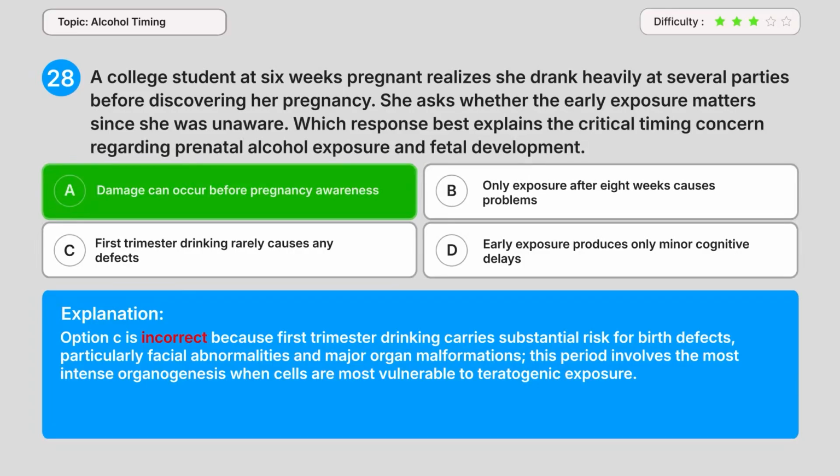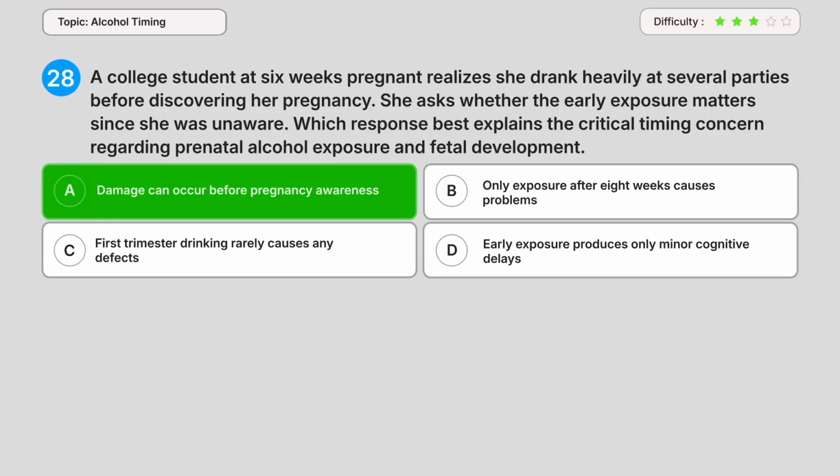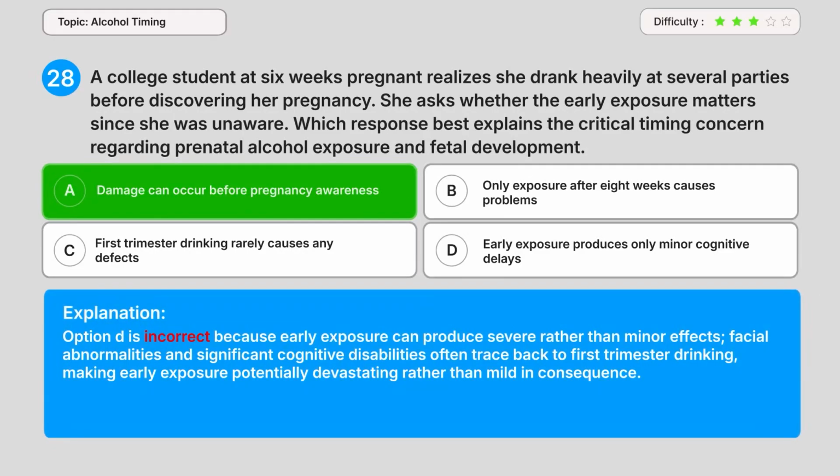This period involves the most intense organogenesis, when cells are most vulnerable to teratogenic exposure. Option D is incorrect because early exposure can produce severe, rather than minor effects. Facial abnormalities and significant cognitive disabilities often trace back to first trimester drinking, making early exposure potentially devastating rather than mild in consequence.